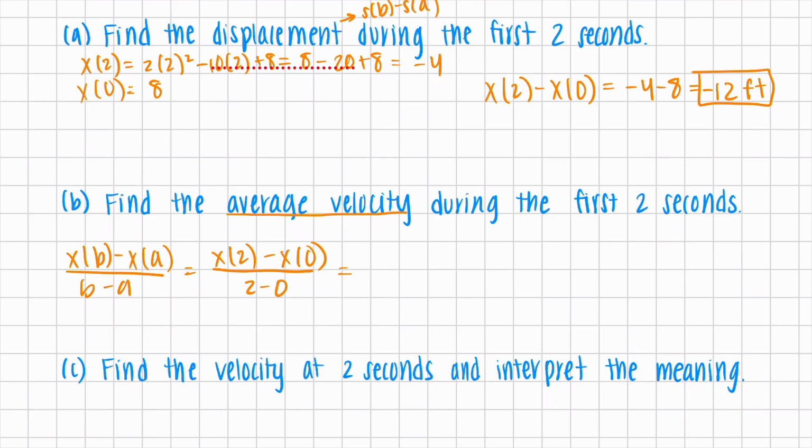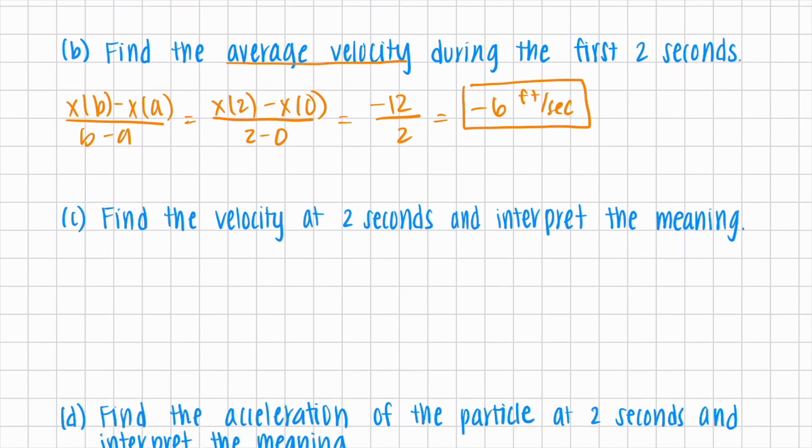So this is going to be our negative 12 that we got in part A over 2, which is going to be negative 6. Keep in mind that this is a rate, so this is going to be feet per second. So my average velocity during the first 2 seconds is negative 6 feet per second.